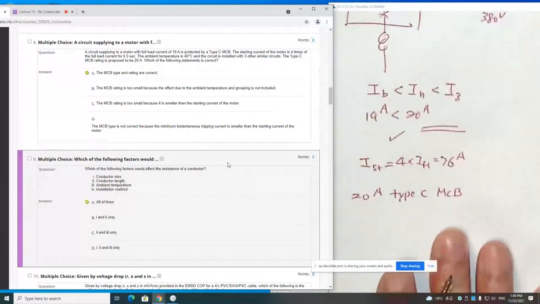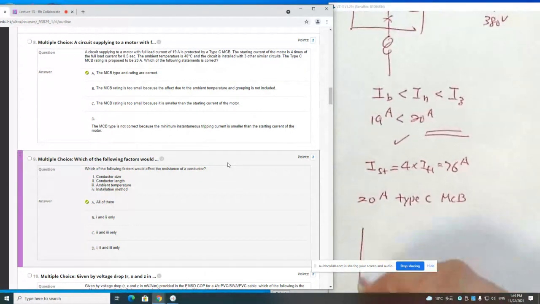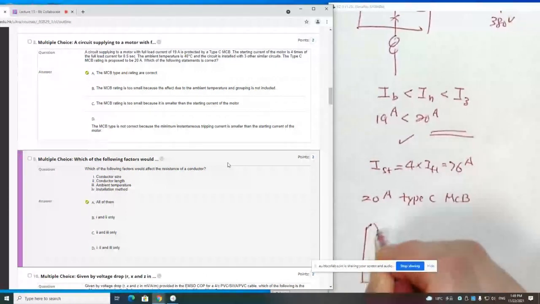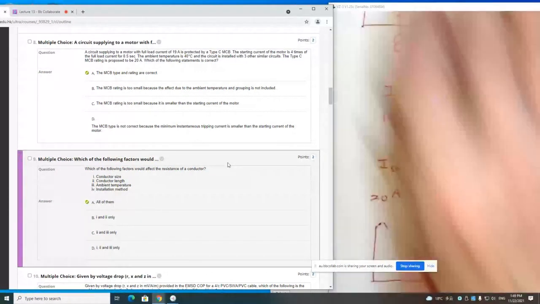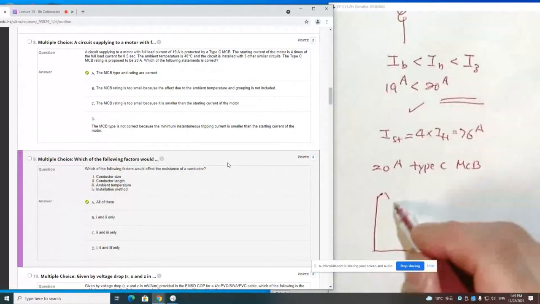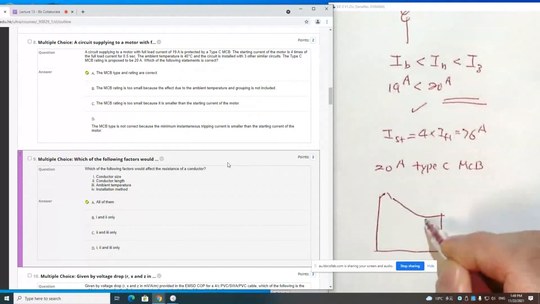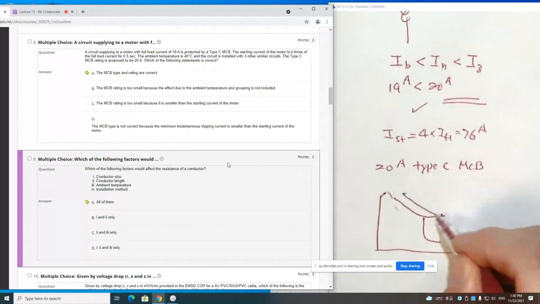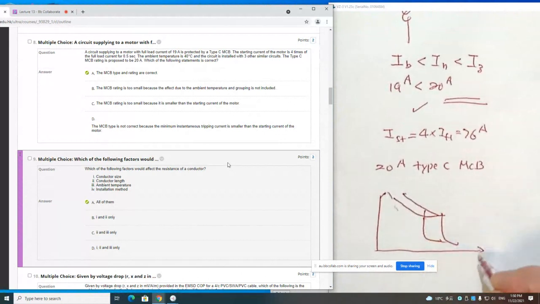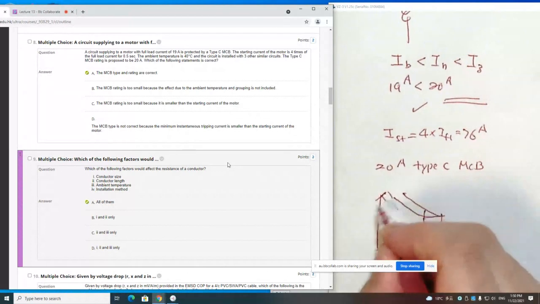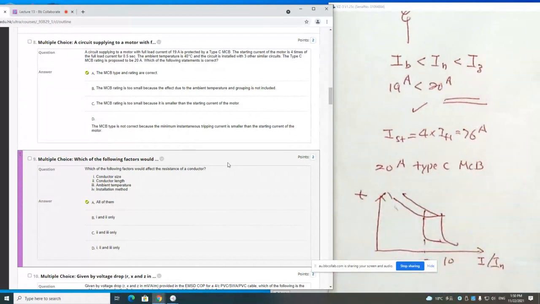So for this MCB, we know we have this kind of tripping curve. Let's say, this is Type C, from 5 to 10, and this is the actual current over the current rating, and this is the T, operating time.